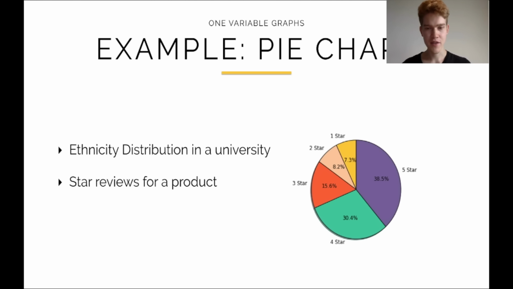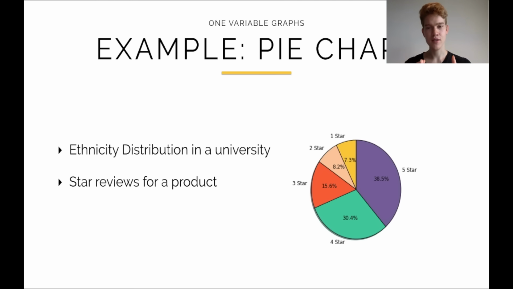Examples of this would be you can look at ethnicity distribution in a university, and so you can have a pie chart, and each slice of pie would represent a different ethnicity, and depending on how much of a percentage they make up of the total university profile, that's how big the slice of pie would be. And so you can see dominance of some ethnicities as well as minorities.